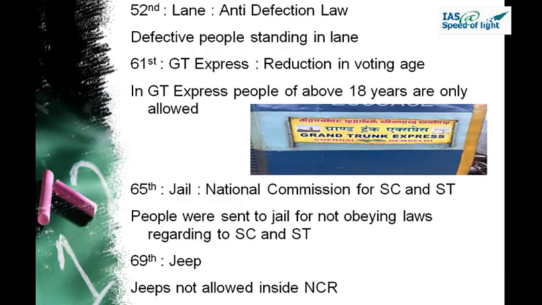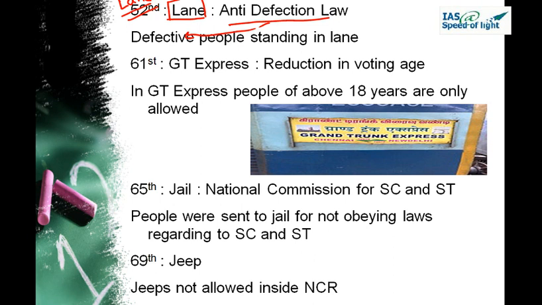Let's go to the next Amendment Act, which is the 52nd, and 5 is L and 2 is N, so it becomes lane or queue, and it deals with the anti-defection law. Defection, we have already seen, is defective for us.